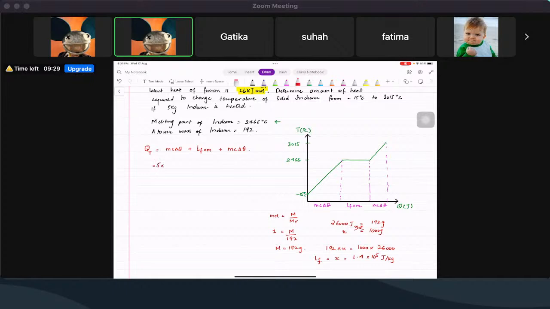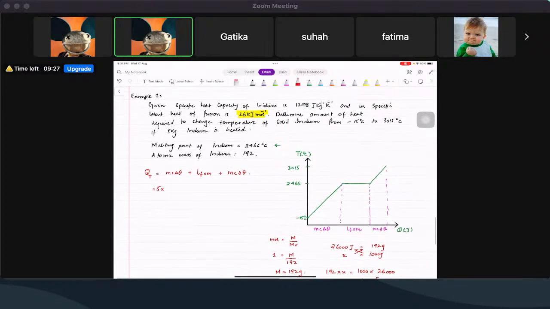The heat capacity is 1298, and now I need to check the temperature. So it goes from minus 15 to 2466. So I'm going to write 2466 minus 15, because you don't have to ignore the sign.